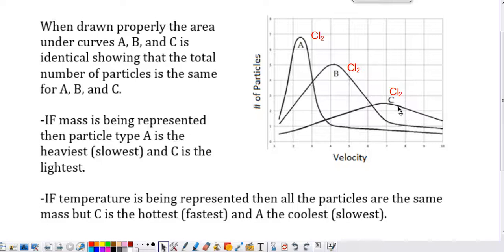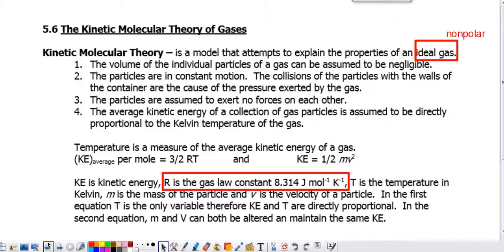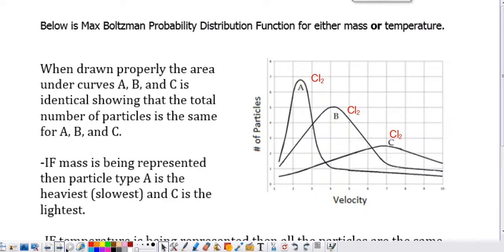The distribution of particles would vary because they're at a different temperature. If they're at 3 different temperatures, you'd have 3 different kinetic energies. These kinetic energies would have the same mass because it's chlorine, chlorine, and chlorine, but the velocities would have to make up the difference. So for the hottest particle, it's going to be moving the fastest.